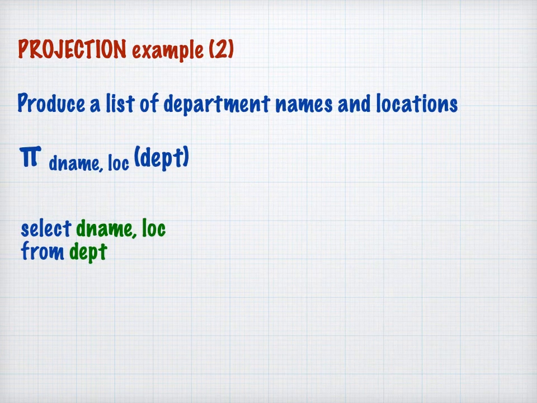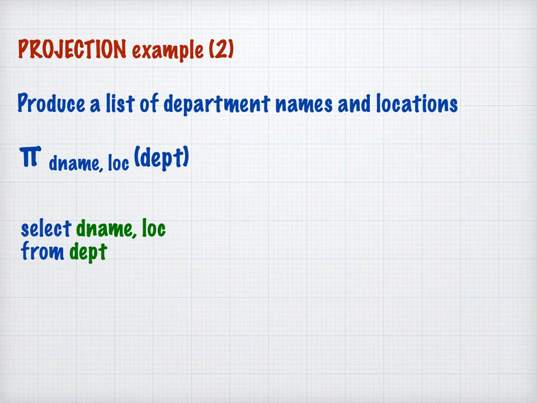So how would we do this? Produce a list of department names and locations. So if we wanted to write that down in relational algebra, we write down the name of the relation, department, and that's in brackets. And then outside the brackets, travelling from right to left, you can see the 2 particular attributes, the 2 particular columns, fields we're looking for is dname and location.